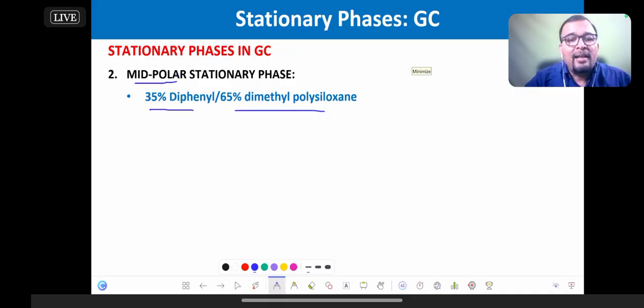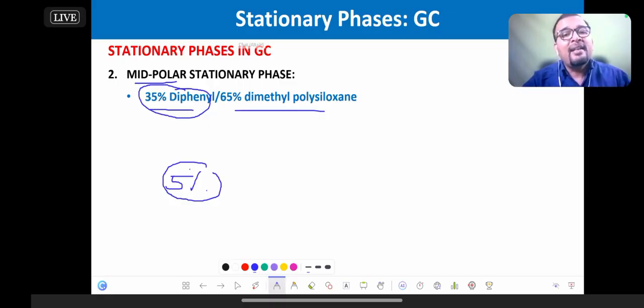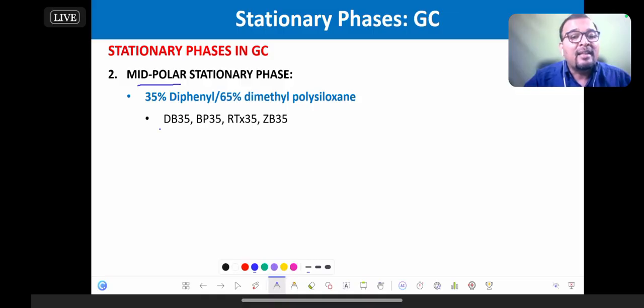See, because earlier we saw only 5% diphenyl component. But how much is the diphenyl component in this case? 35%. Will this increase the pi and the hydrogen bonding interaction, yes or no? It will increase, and because of that, it can have the mid polarity. And the examples are DP35, BP35, RTX35, and ZB35.